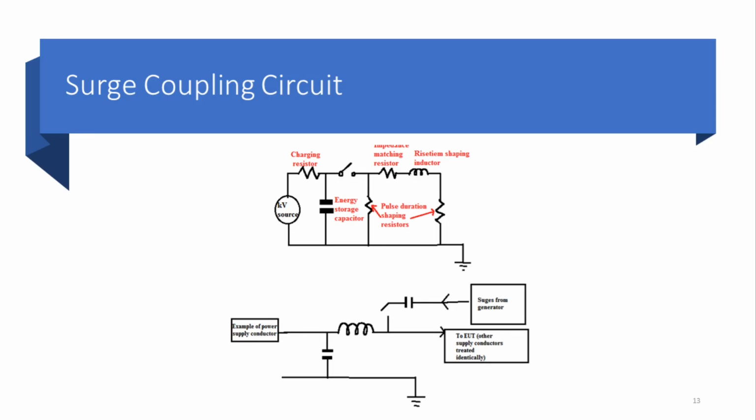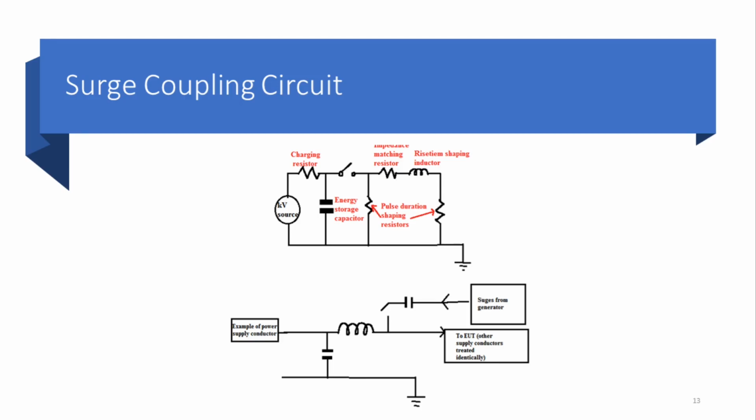Apply the surges line to line, that is 3 combinations for 3 phase and 1 for single phase, and line to ground, so 2 combinations for single phase, 3 for 3 phase. Synchronize the surges to the zero crossings and the positive and negative peaks of the mains supply. Increase the test voltage in steps up to the specified maximum level so that all lower test levels are satisfied. Apply a sufficient number of pulses to find all critical points of the duty cycle of the equipment.